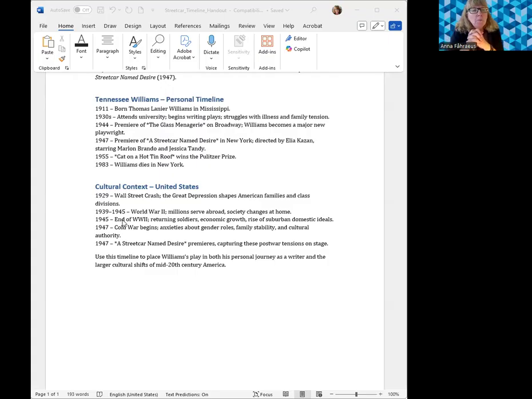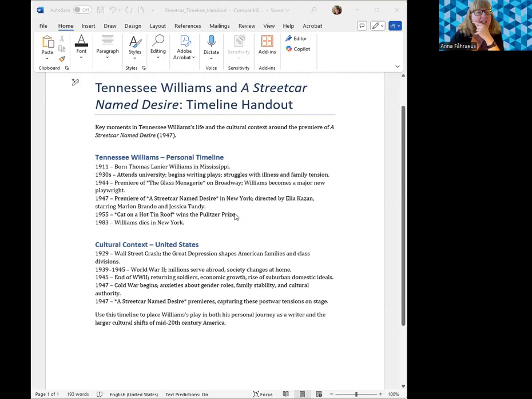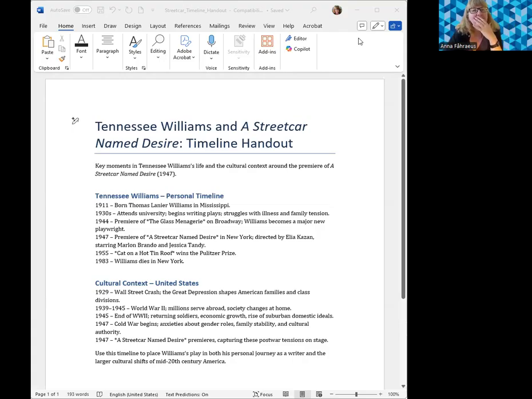And it built up this ideal of family life. 1947, A Streetcar premieres and captures the post-war tensions on stage, and post-war tensions for the South. And that sets that play in its context.